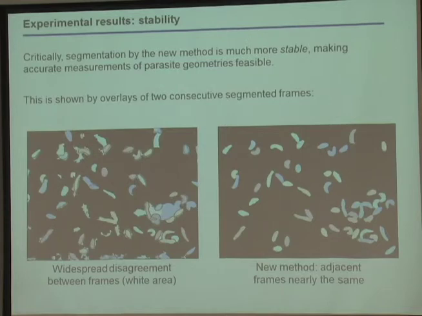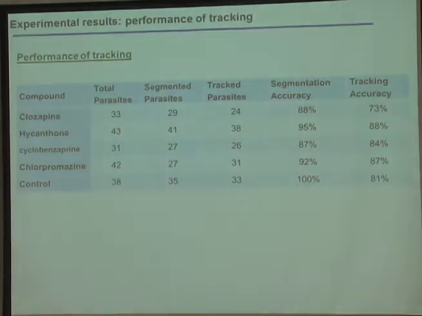So when you overlay them, you get all this extra stuff, right? In 2 very consecutive frames, the parasites will move a lot. So the idea is that if you segment with high stability, you should get basically the entire parasite, which is what you see. So it's not just the numbers which are good, it's also a very stable algorithm. Small changes do not bring large changes in the segmented results.